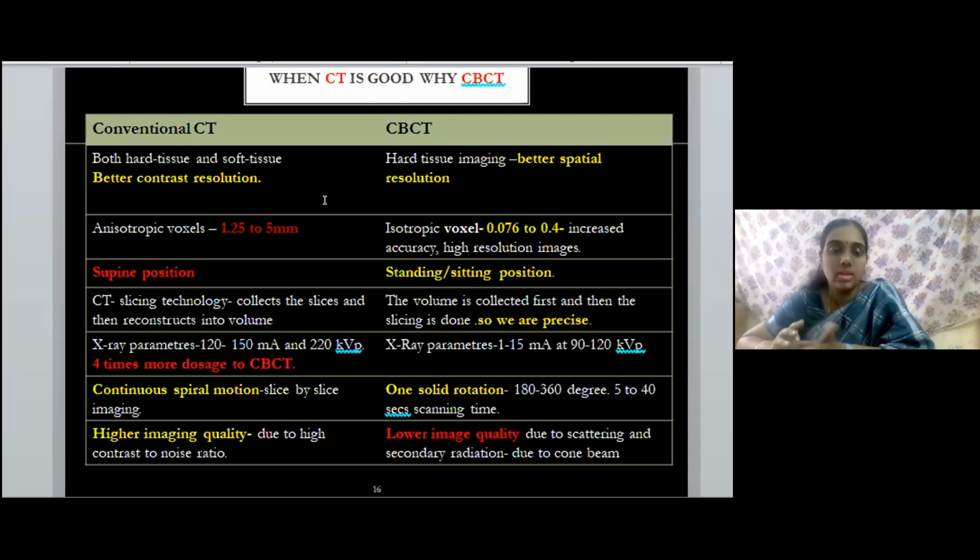Because the gantry moves each and every time, there is slice by slice imaging by the fan shaped beam. But in the case of CBCT, it is only one single rotation. And of course, there is low image quality in CBCT when compared to CT, due to scattering and secondary radiation, as I told you earlier.